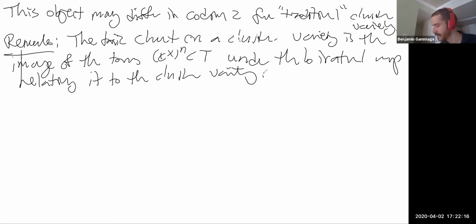Now I'm going to do an example, which is my favorite example. Maybe I'll move to a new page so I have a fresh sheet here.